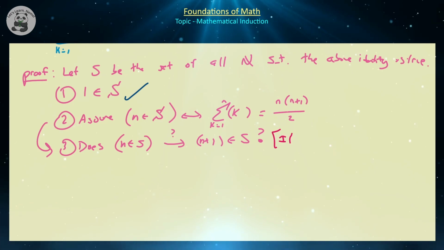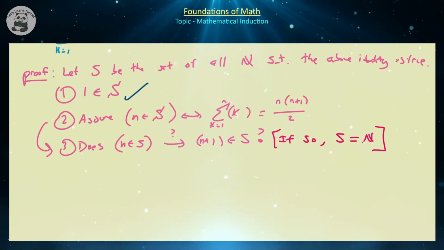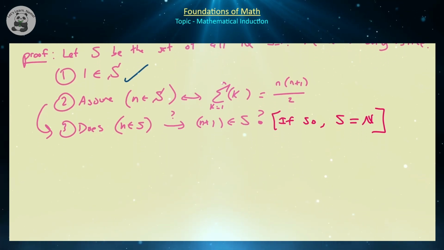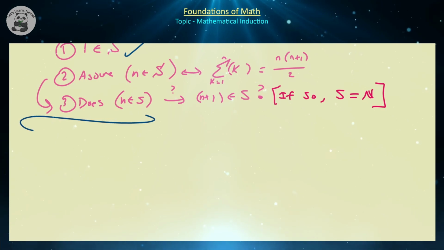And if so, that means S and the set of natural numbers for which this is true are indeed identical to one another. Right?